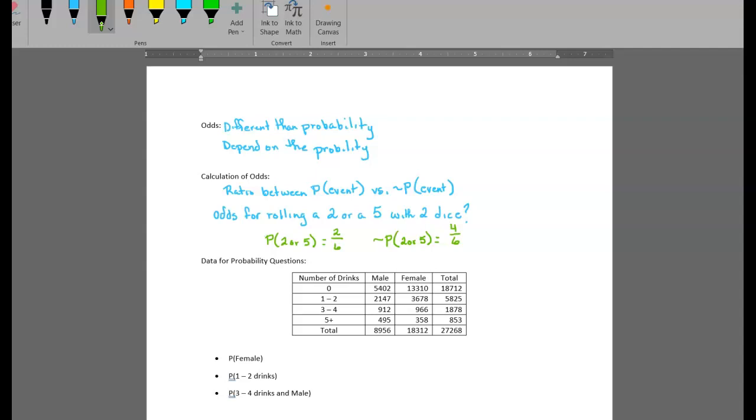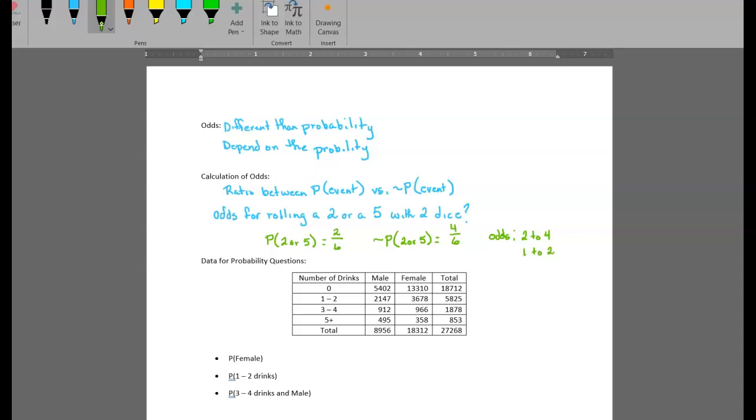Because the denominators are the same, we can ignore the denominators and just match numerators, so the odds are 2 to 4. Generally, the odds are simplified, so most commonly you would say 1 to 2 odds.